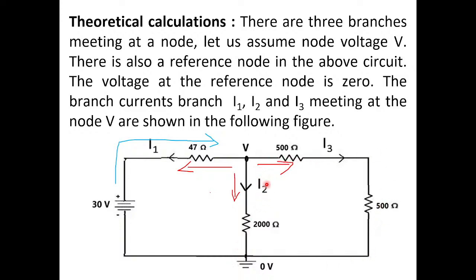The I2 current and I3 current will meet at this junction and add up; I2 plus I3 is nothing but I1. So the I1 current will return back to the negative terminal of the 30 volts. Okay. So the junction where both the currents are meeting is the reference node, and the reference node voltage will always be 0.